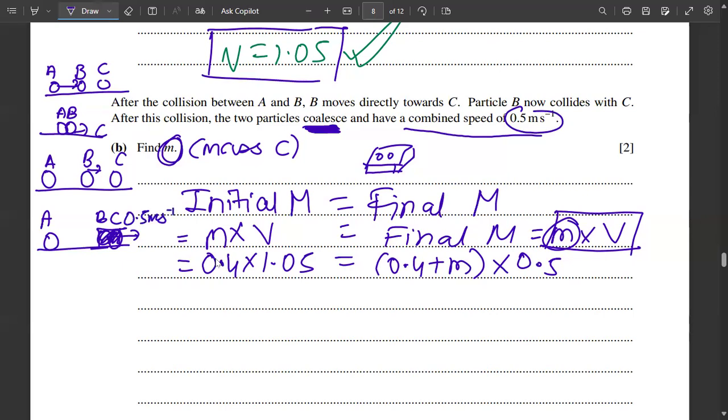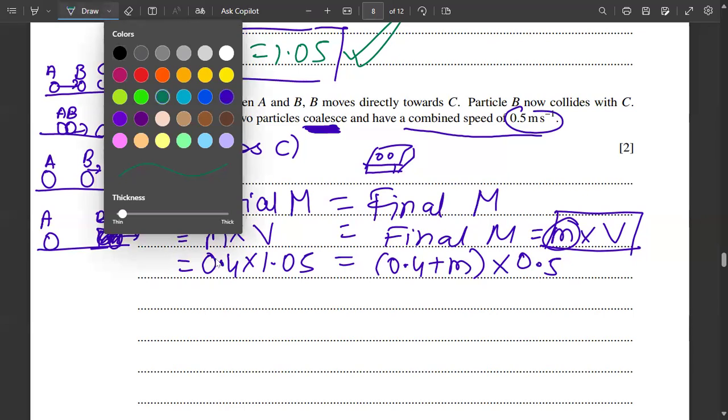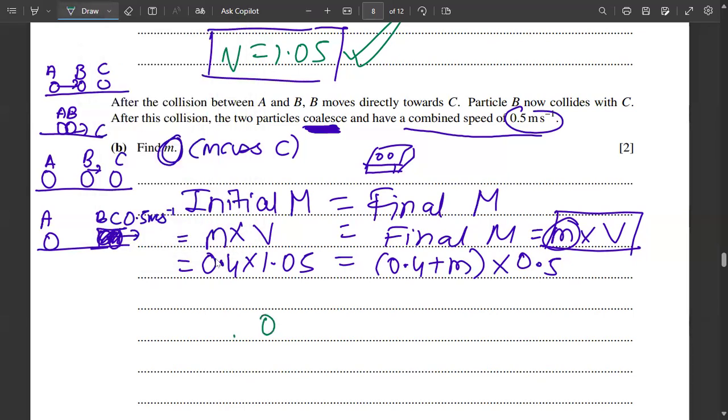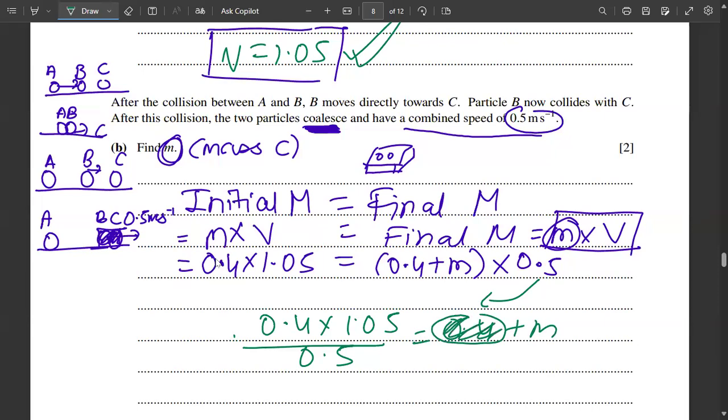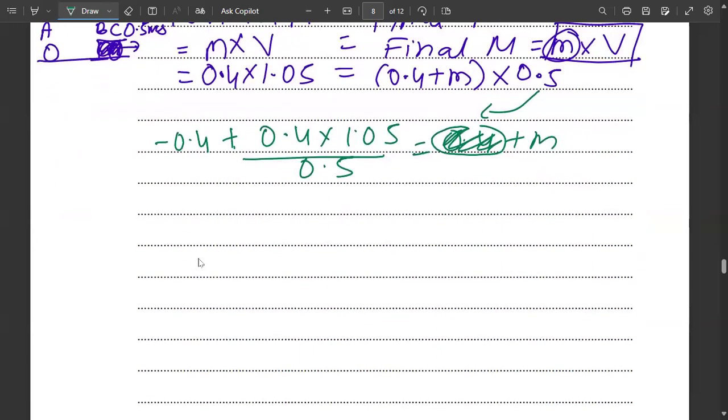So now that we have this, we simply have the answer in our hand. We just need to rearrange the equation, which will be 0.4 into 1.05 upon 0.5 equals 0.4 plus m. Now this 0.4 will go over and become minus 0.4. And now here we have the answer.